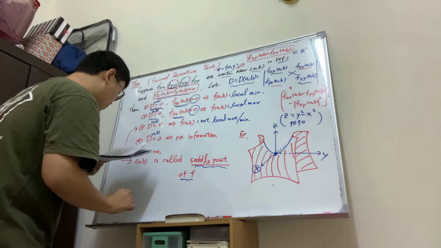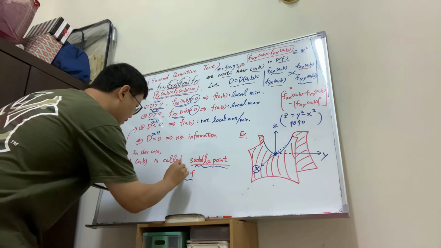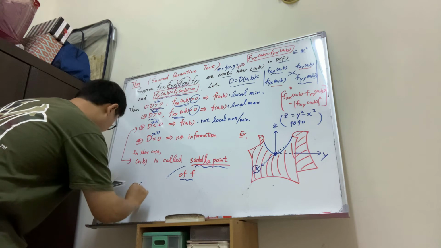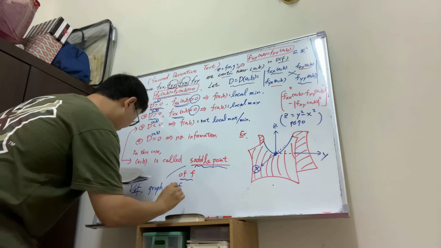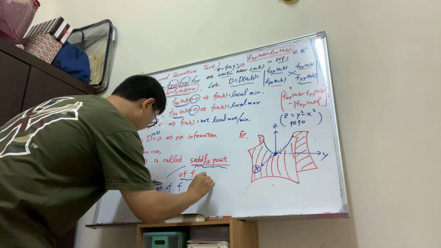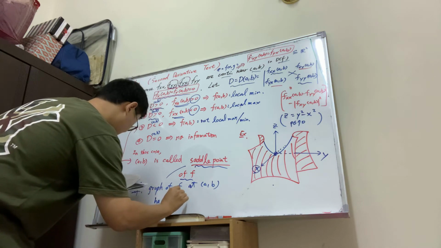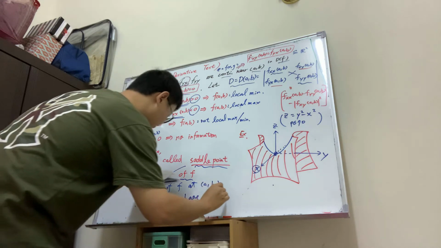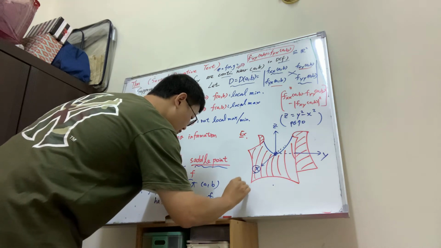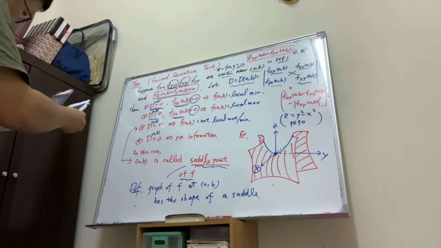Its definition is that the graph of f at the point (a, b) has the shape of a saddle.